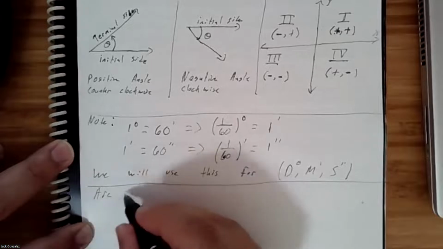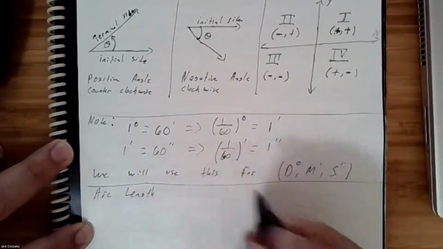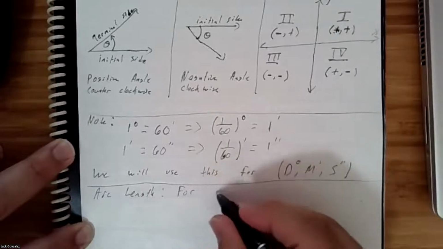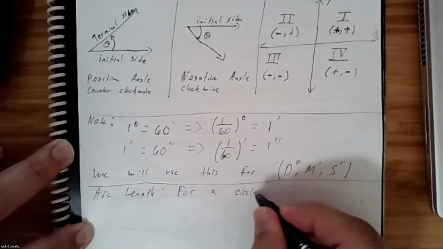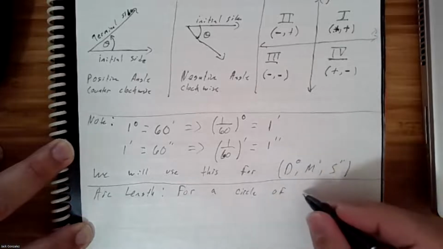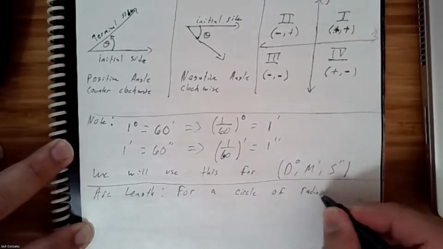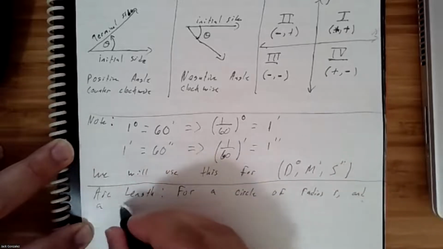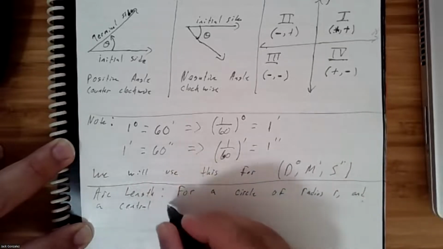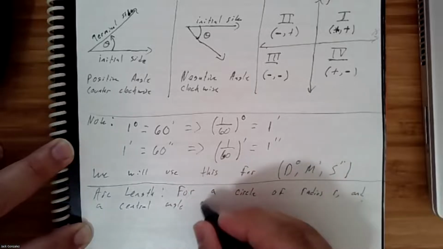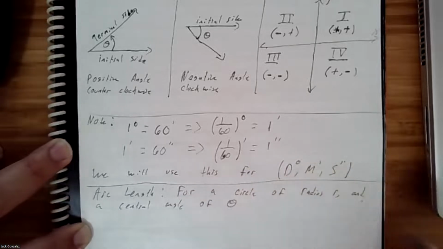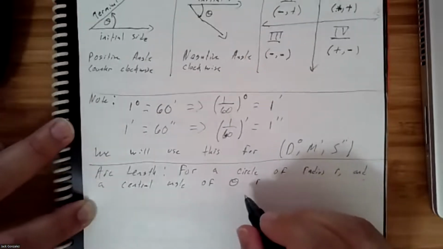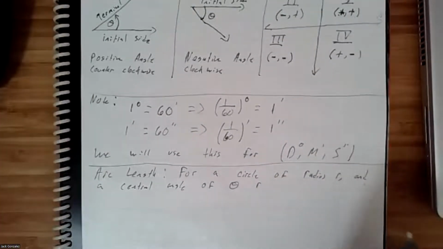Arc length. Here's the definition. So for a circle of radius r and a central angle of theta radians. Remember, we're going to use the Greek letter theta for angle measurements pretty much all the time.